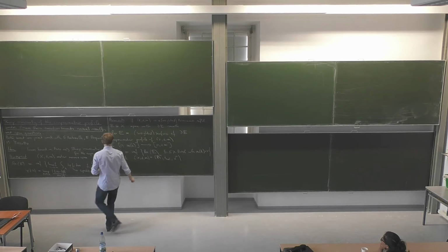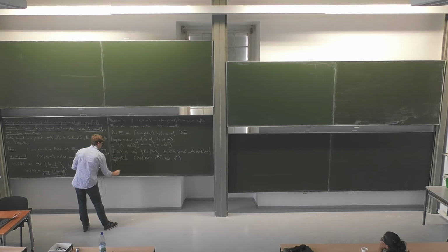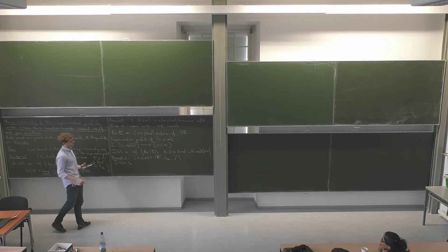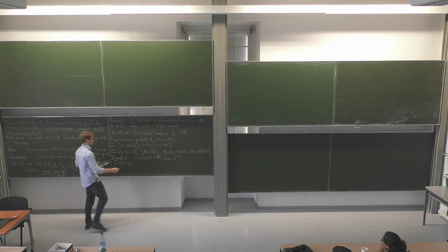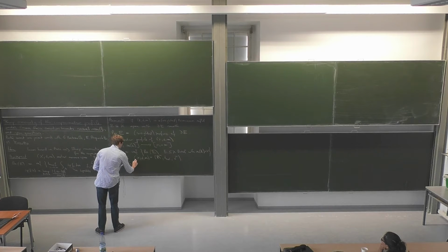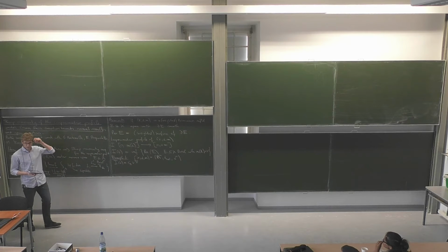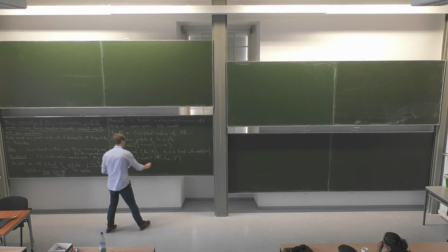Then what happens is that I of V is equal to a dimensional constant C_n, only depending on the dimension, times the volume V raised to the power (n-1)/n. This is a consequence of the well-known sharp isoperimetric inequality on Euclidean space.